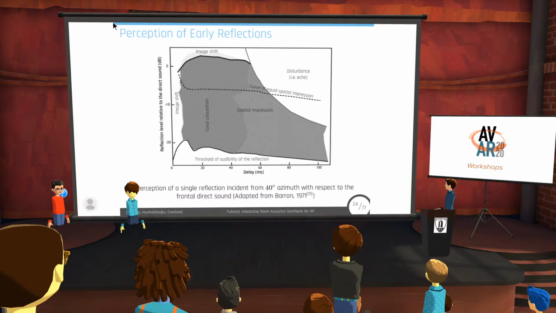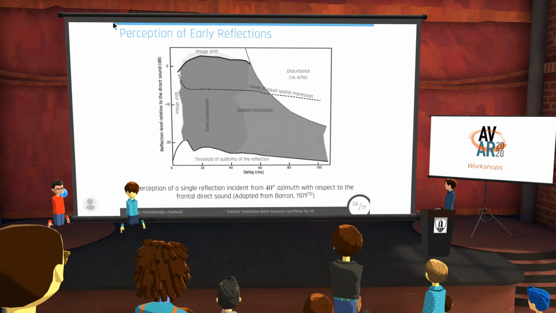Similarly, if the delay is very short or its level is very high, the perceived direction of the auditory image will be shifted. So you're going to hear an auditory image which doesn't coincide very well with the visuals on the screen, for instance, or visuals in your field of view. Further, for a wide range of delays and levels, the reflection results in tonal coloration due to the comb filtering effect that it causes.